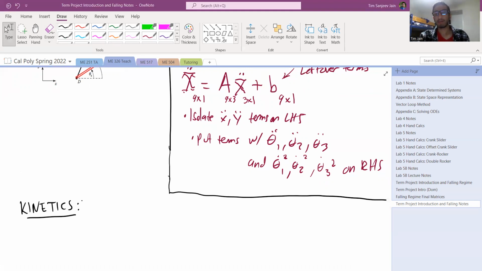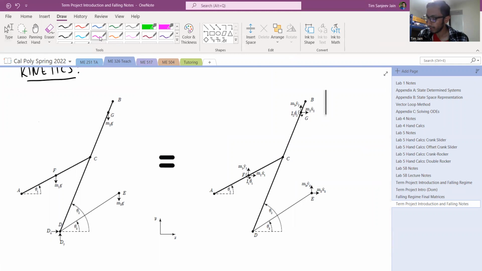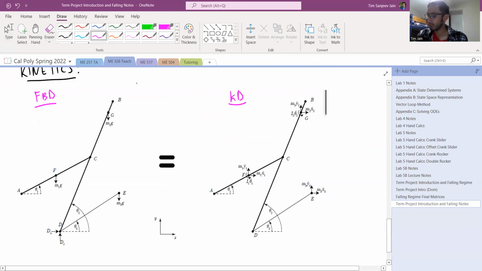Going with kinetics, we actually have to do a free body diagram and a kinetic diagram. So this is like the Newton-Euler method.